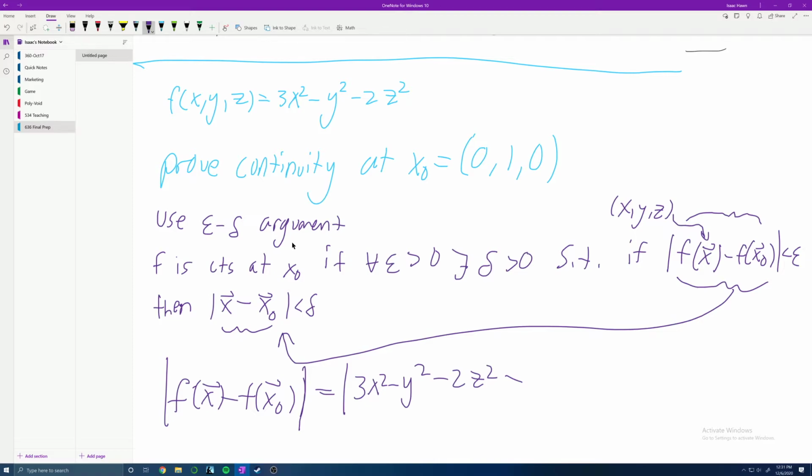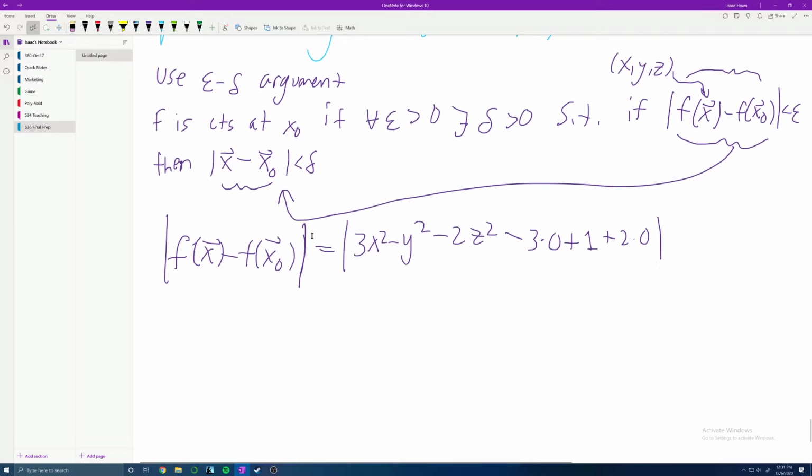So that's equal to 3 times 0, minus a negative is a positive, so plus 1 squared. I'll just write plus 1 minus 2 times 0, I guess plus 2 times 0 because minus a negative. All right, let's rewrite this and pair these up with their corresponding x, y, and z values.